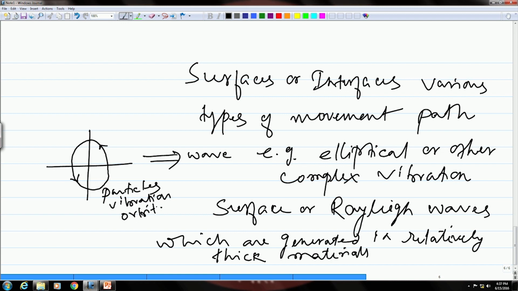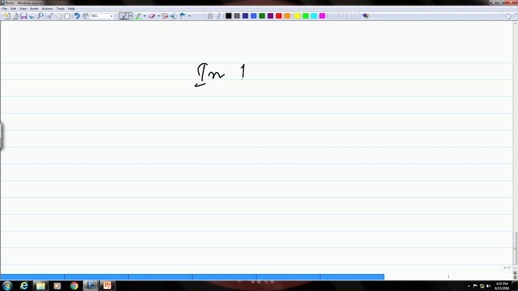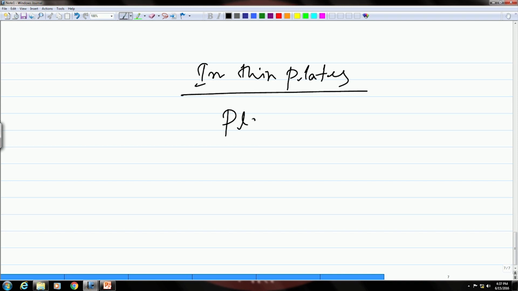Okay. And in thin plates, you could have some other type of waves being generated. Which are known as plate waves. And this can be further divided into two categories.